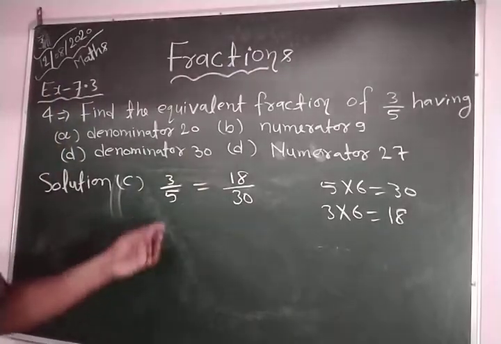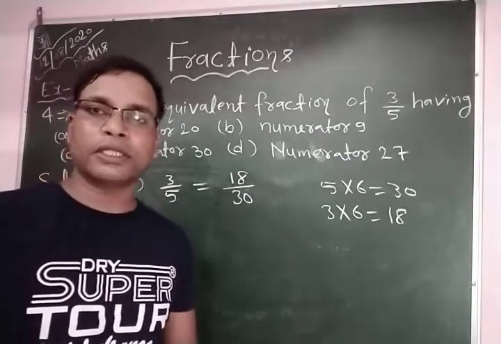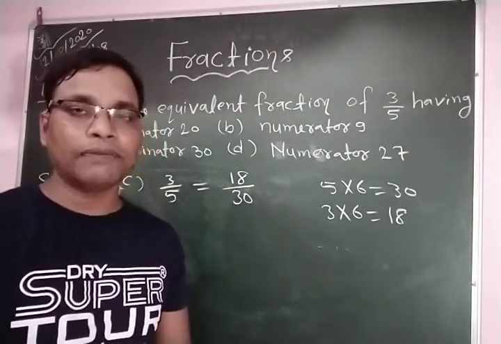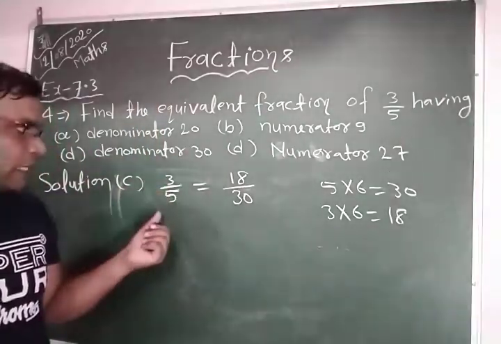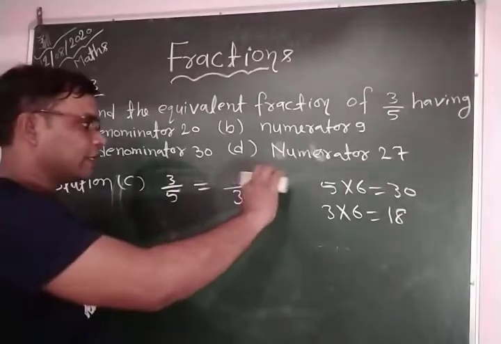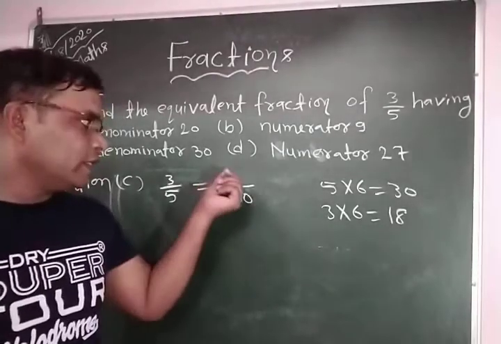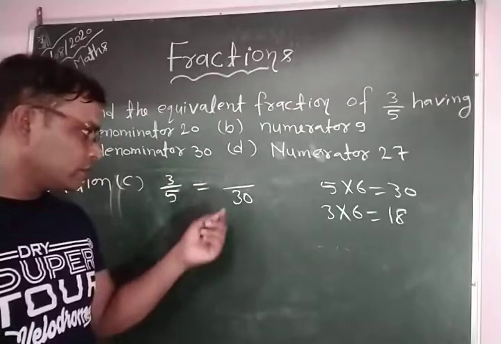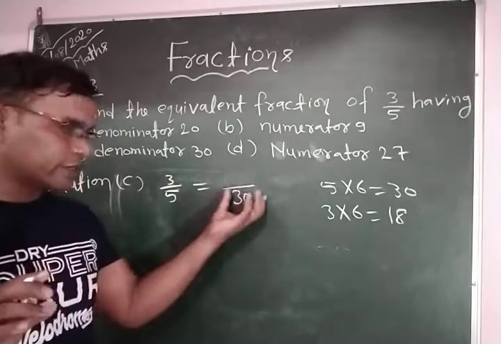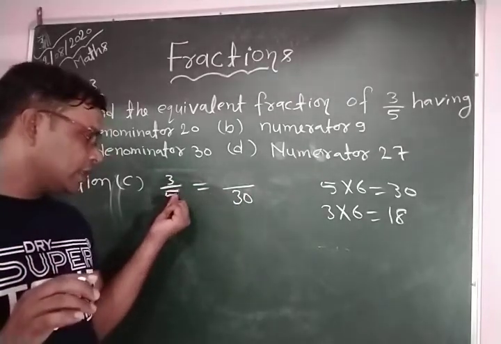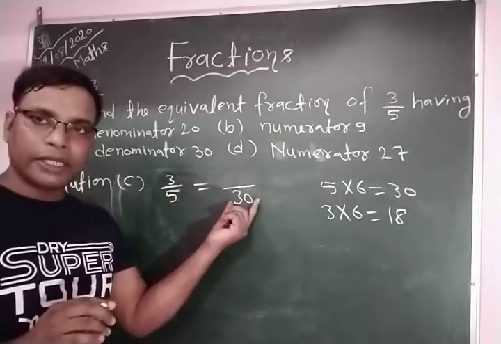This is clear. Here the given fraction is 3 by 5 and the question told us to find the equivalent fraction of 3 by 5 whose denominator is 30. So first we write 3 by 5. After this we write 30 as the denominator, and we need to find the numerator. Here the denominator of the given fraction is 5 and here the denominator is 30.